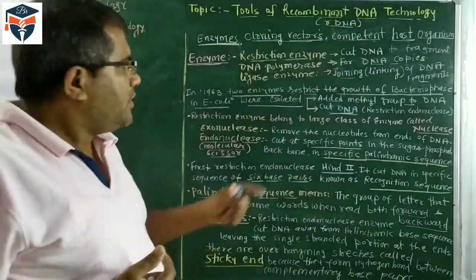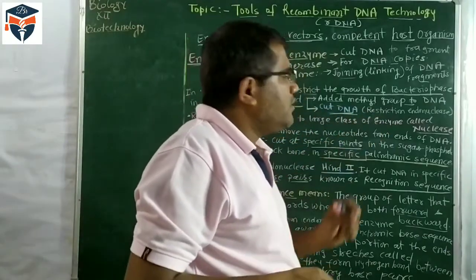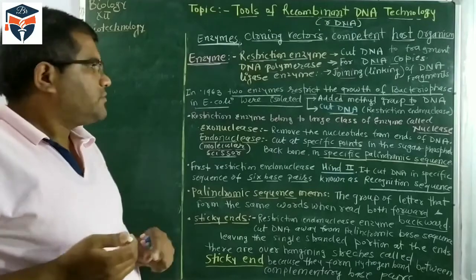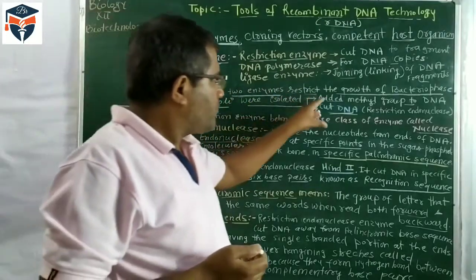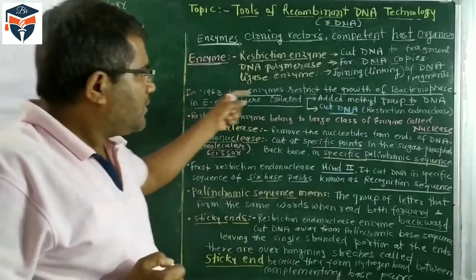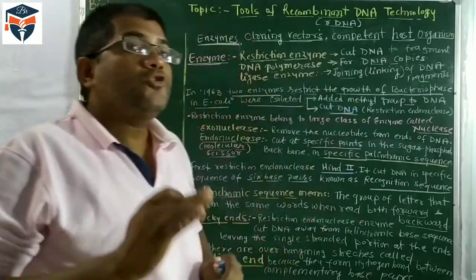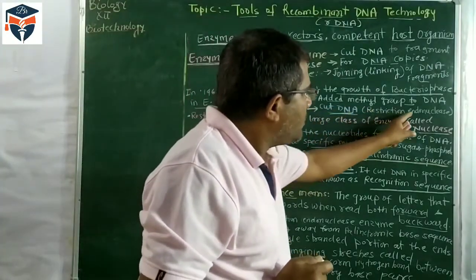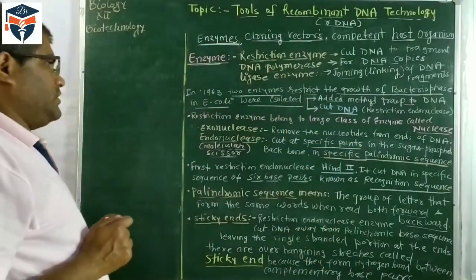So the DNA is cut, and it is due to the restriction endonuclease enzyme. So, two enzymes are discussed. One enzyme adds the methyl group to DNA, and the second enzyme cuts the DNA fragment. That enzyme which cuts the DNA fragment is called restriction endonuclease.